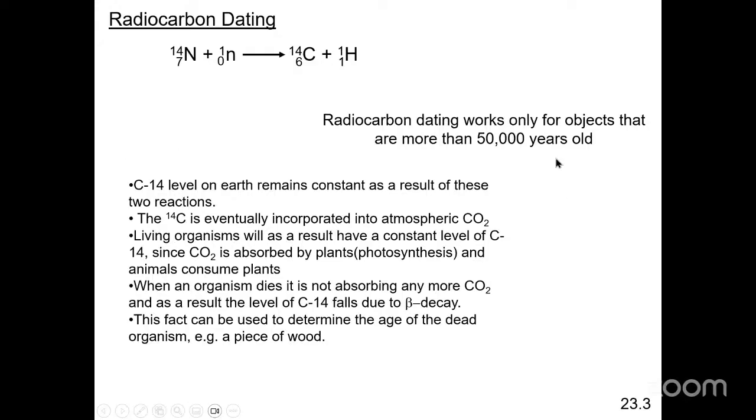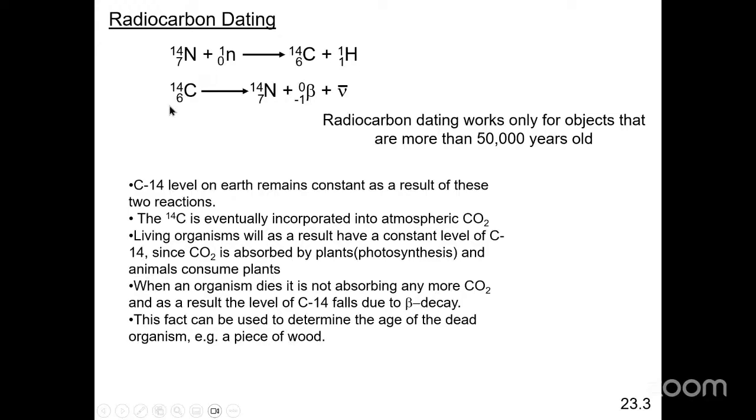So the basis of this particular approach in terms of determining the age of an object, an artifact, is the fact that these two reactions are always taking place on Earth, and I would say maybe in the universe, but definitely on Earth. You have the conversion of nitrogen-14 to carbon-14 by bombardment of the nitrogen-14 nucleus with neutrons. So you're going to end up with carbon-14, and you're going to end up with protons.